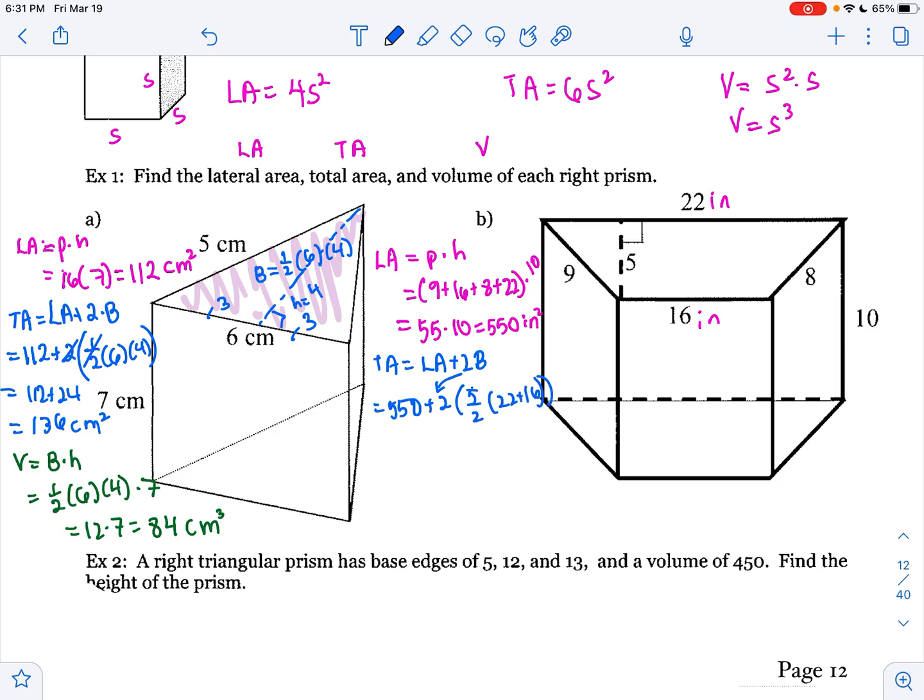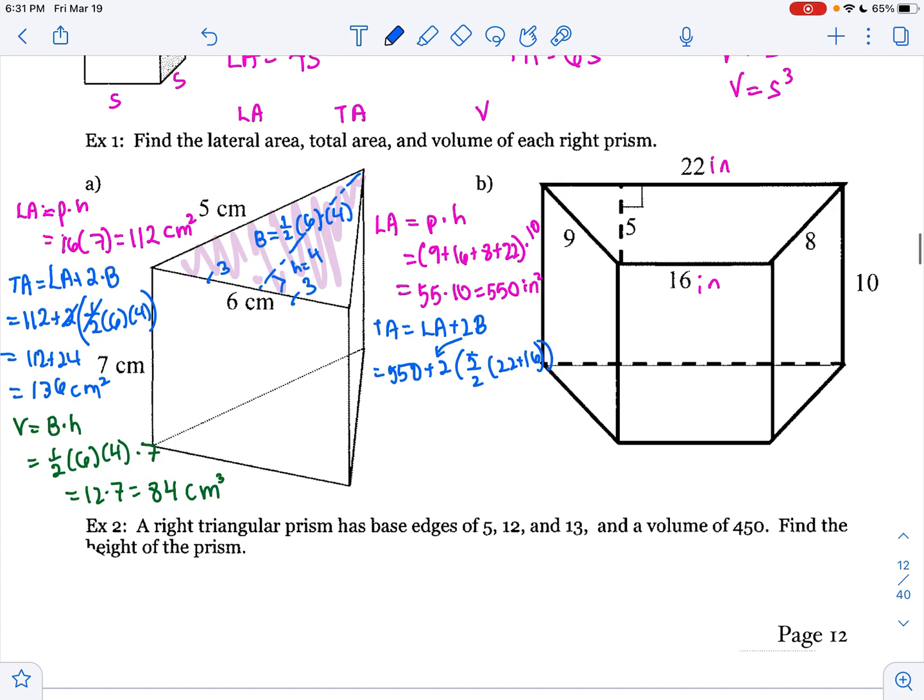Now in doing our calculations, we've got 550, and the 2 times the 5 halves, the 2 cancels out, and you've got plus 5 times 38. In multiplying 5 times 38 out, you should get 190. So 550 plus 190 is a total of 740. Again, units will match what it was for lateral area, so inches squared.